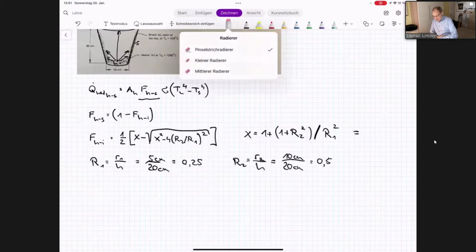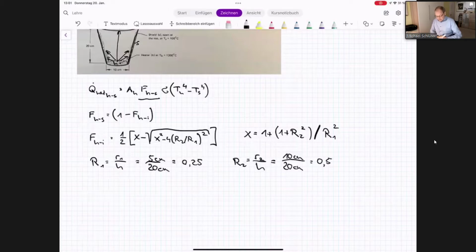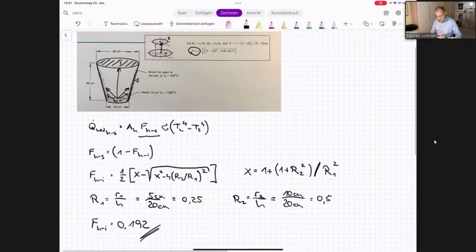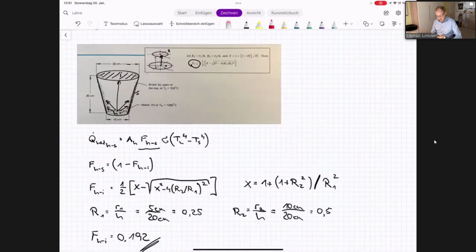And with x, we can calculate the view factor, and the view factor F H minus E with this calculation is 0.192. This is a view factor that has been calculated with this equation.